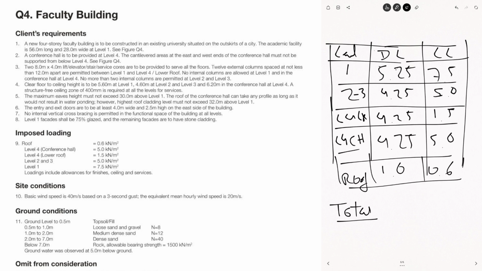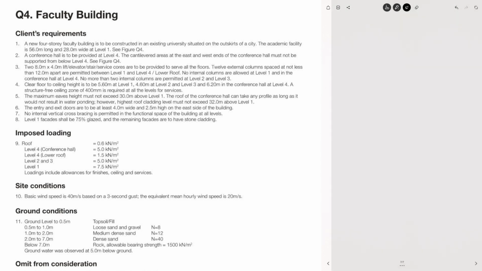Okay, and basically I'm just going to go to a new table, with the total ones, because I don't have space here. And I'm going to put the SLS and the ULS.